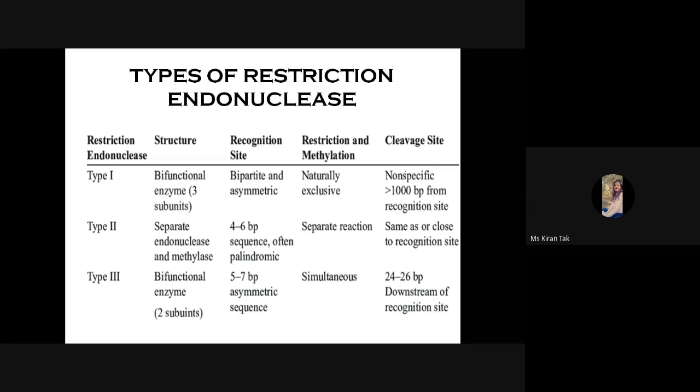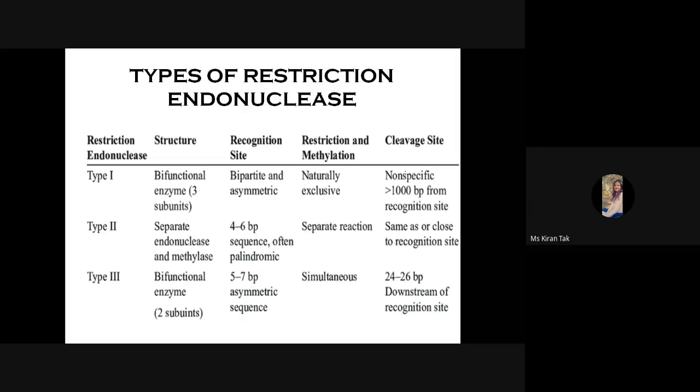Next is type 2. Type 2 restriction endonucleases have separate endonuclease and methylase activity, and the recognition site is a 4 to 6 base pair sequence. It is often palindromic, the restriction and methylation reactions are separate reactions, and the cleavage site is the same as or close to the recognition site. And the next is type 3, which is a bifunctional enzyme having two subunits.